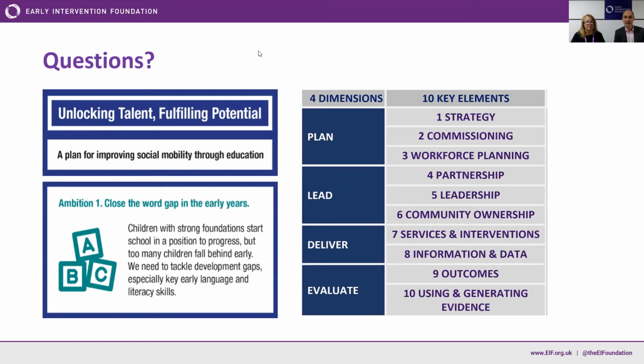We've got one here from Tanya Richardson, who says, hello, how does one find out which local areas have signed up to this? I think that's signing up to the peer challenge rather than the matrix. So Liz? At the moment we're delivering challenges. The Department for Education are identifying areas that they would like us to deliver challenges in. We also ask for an expression of interest from local authorities if they would be interested in the challenge, especially in our pilot phase. So we're working with some of those.